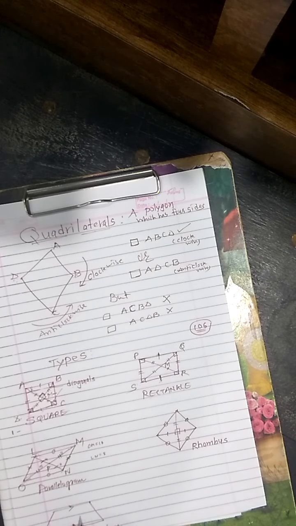In this shape one pair is parallel, and the parallel lines are represented by arrow symbols, as we have seen in previous chapters. So don't be confused please, students, this arrow indicates parallel lines.